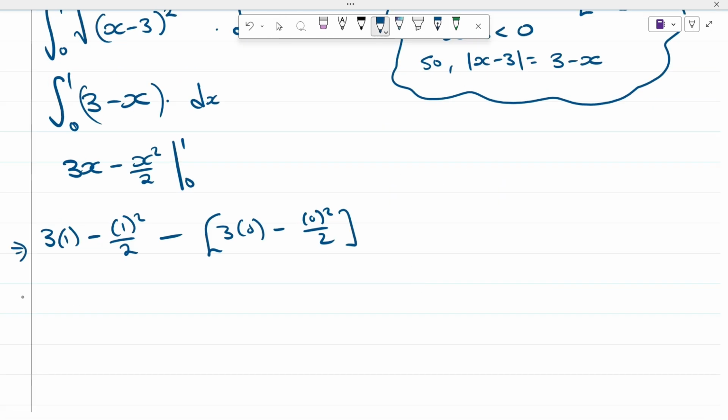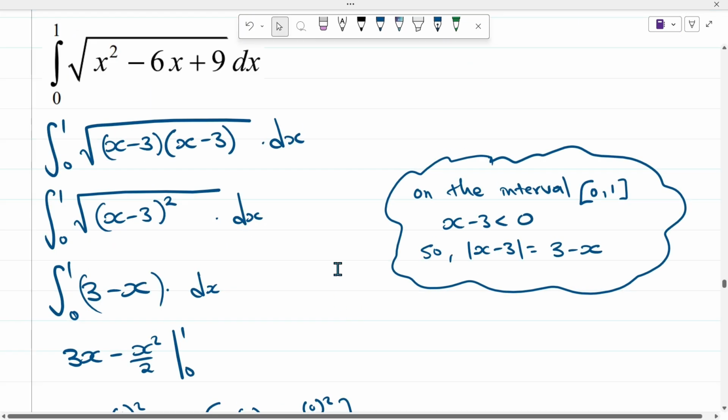When you punch on your calculator, your answer for this one is going to be 3 minus 1 over 2, that's positive 5 over 2. So yeah, I hope you got it.